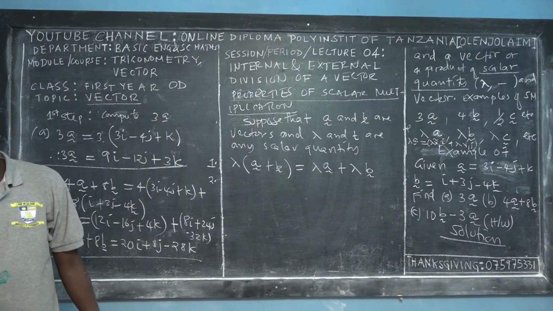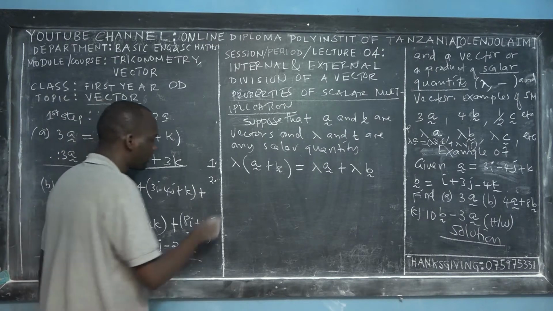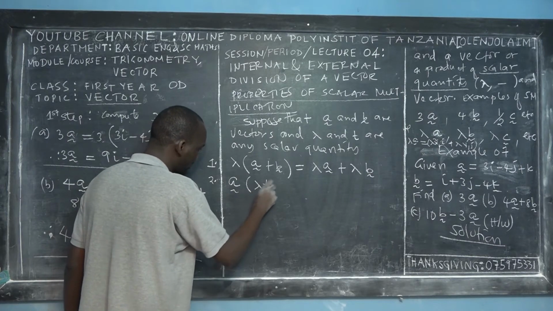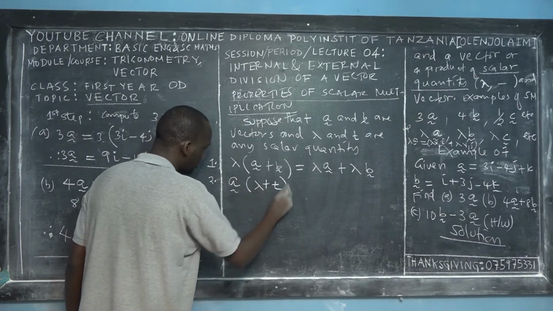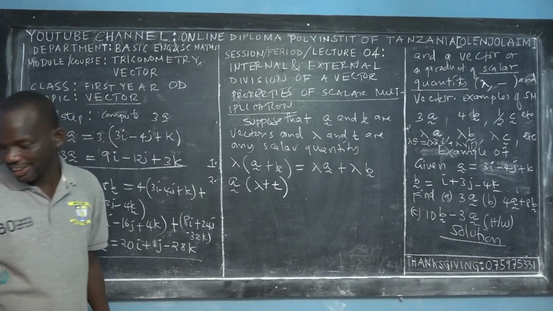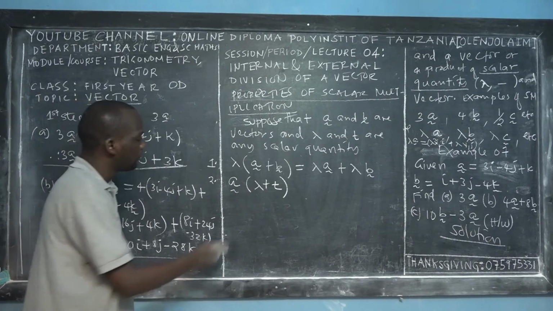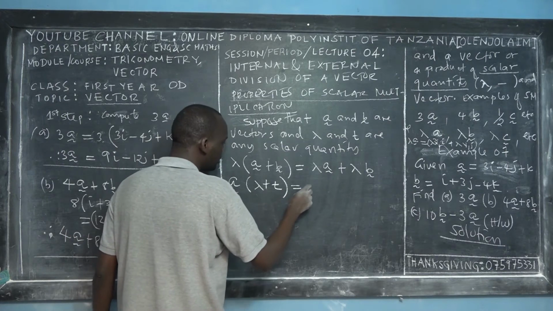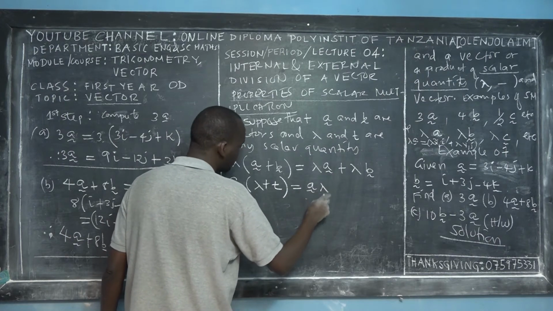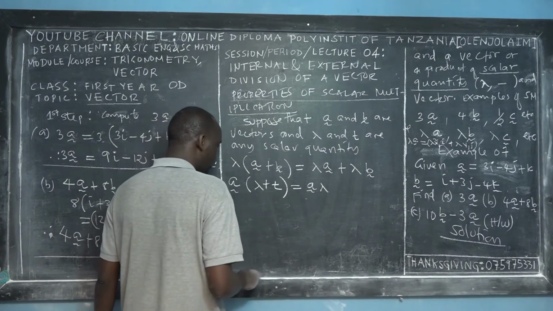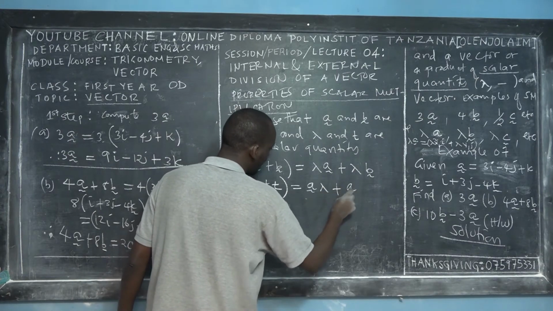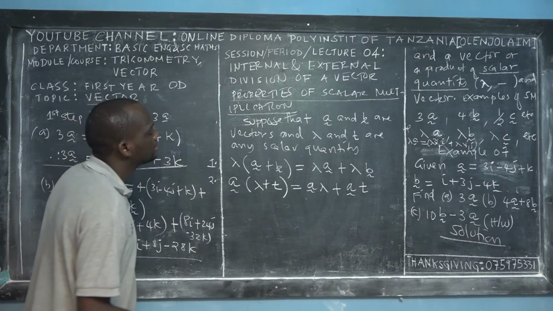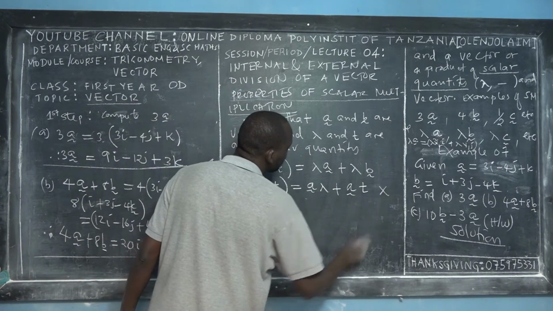The second property is in case we have a vector multiplied by the sum of scalar quantities. According to the rules, you open the bracket: you take vector A times scalar lambda, then vector A times scalar quantity T. But this is not a final response.